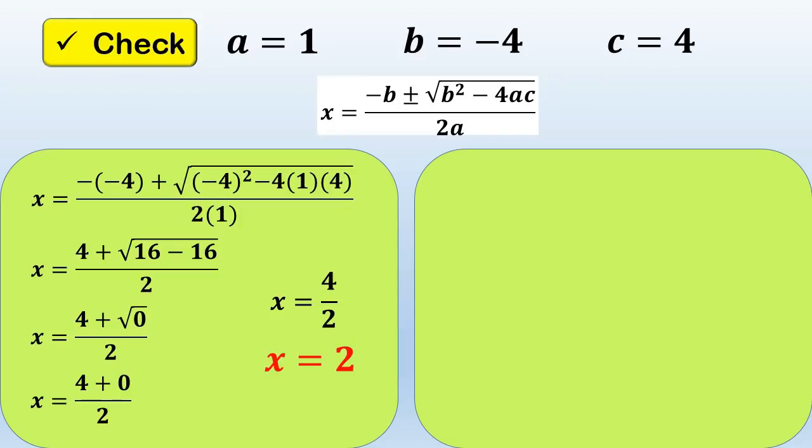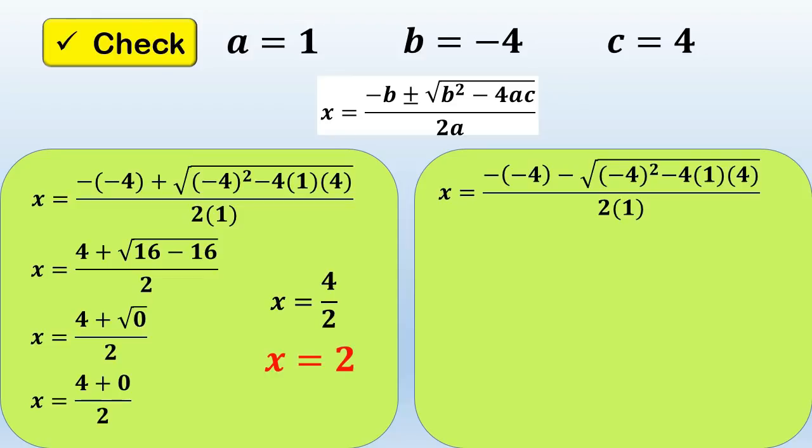After we use the positive sign, let's proceed to the negative sign. So, it will become negative times negative 4 minus square root of negative 4 squared minus 4 times 1 times 4 over 2 times 1. Let's simplify. Negative times negative, of course, it is positive. So, negative times negative 4, the answer is positive 4.